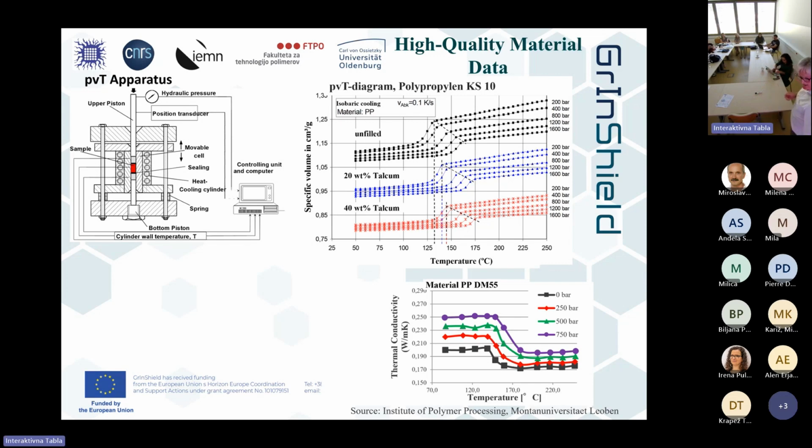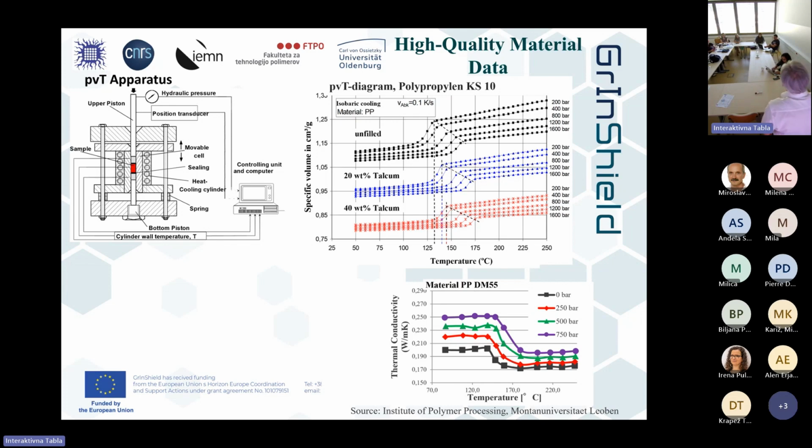So the outcome finally is, if you take these values, you say, okay, I can fill my cavity, but this behavior is the reality. And the material freezes from the cold mold walls much faster.